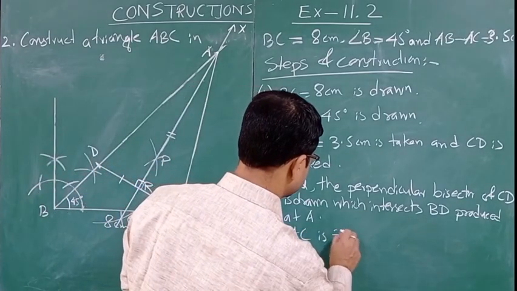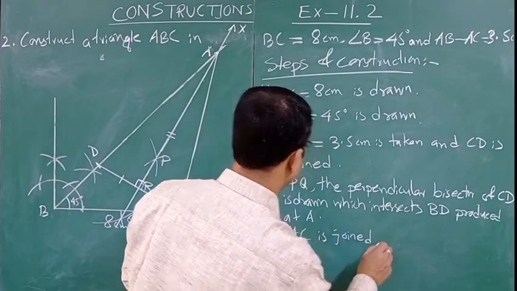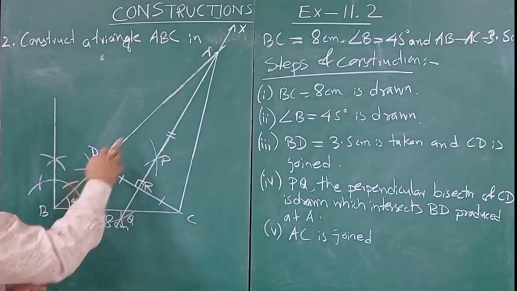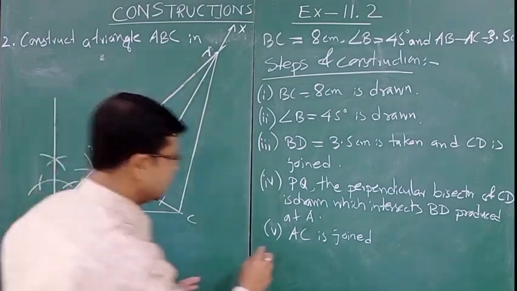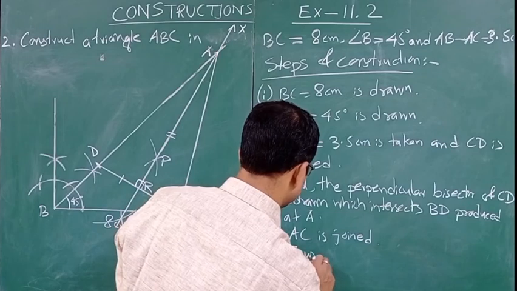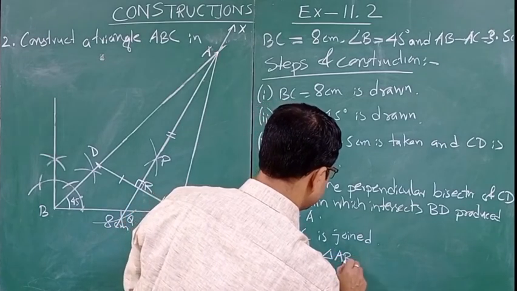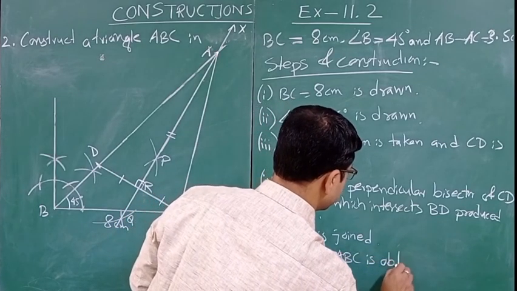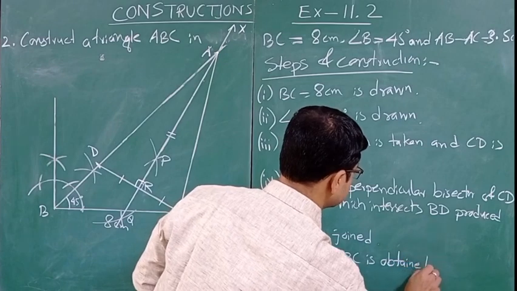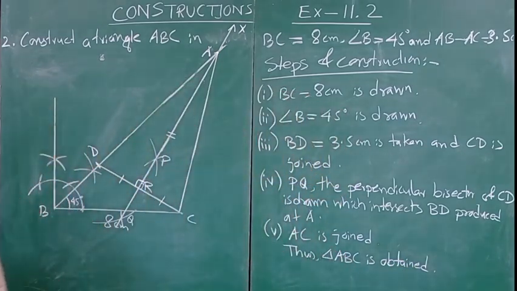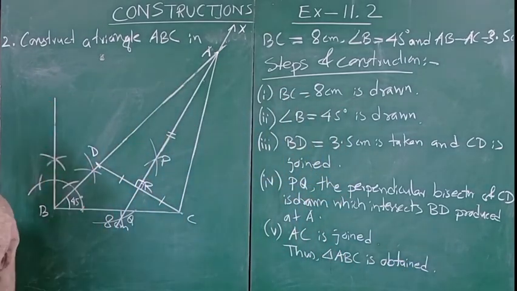After joining AC, we have obtained the triangle ABC. Thus, triangle ABC is obtained. In this way we have constructed the triangle ABC. All right students, thank you.